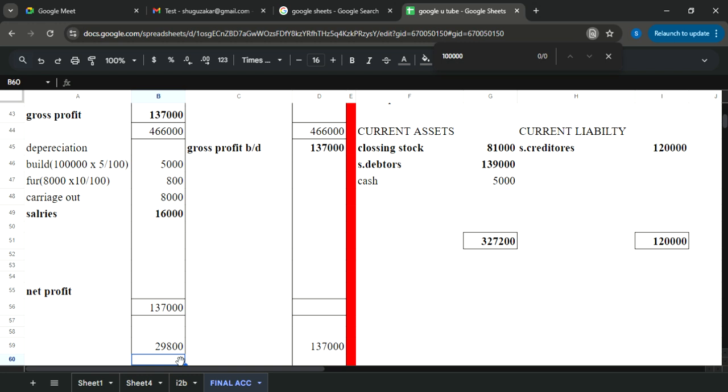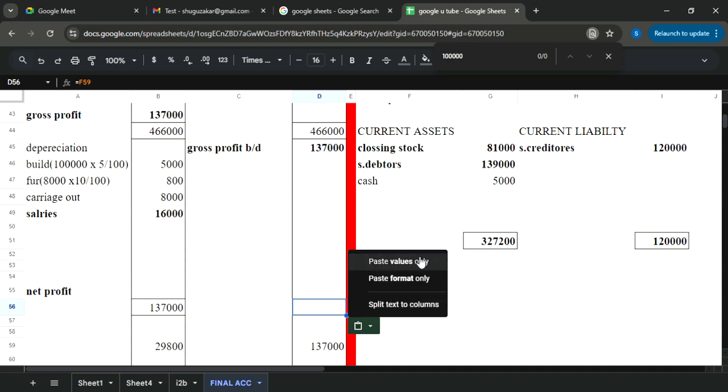Okay, so we have sum of debit side 29,800, sum of credit side 137, larger total is 137, and same larger total would be posted on total of both sides. Here we are going to write 137,000.